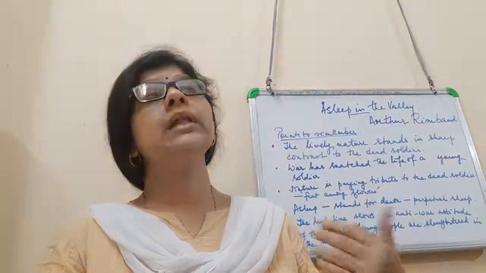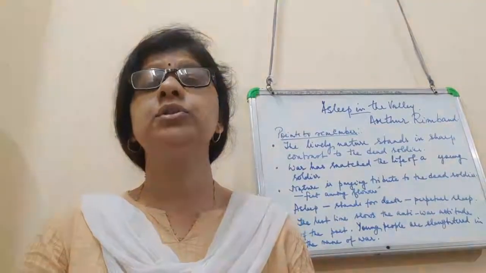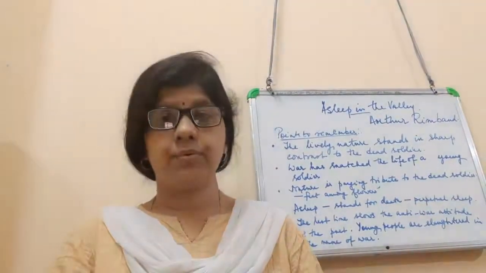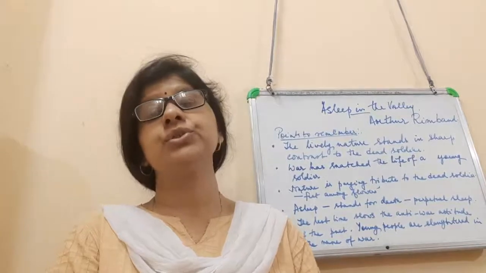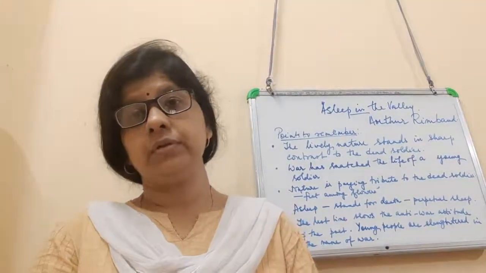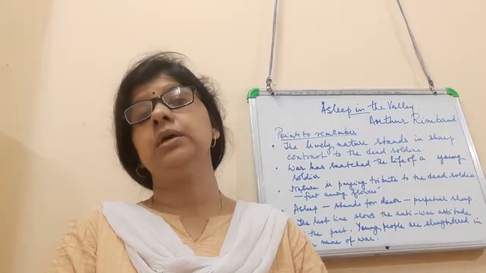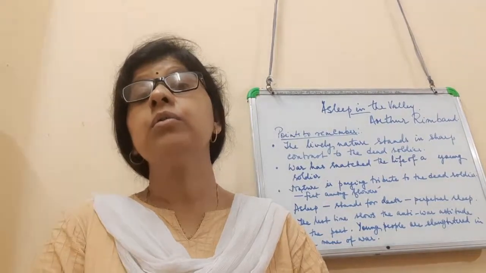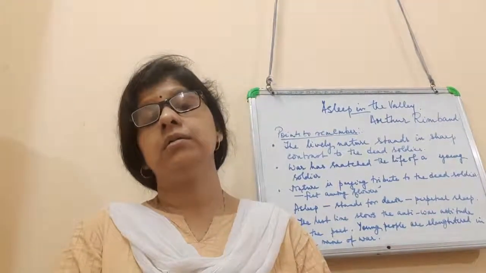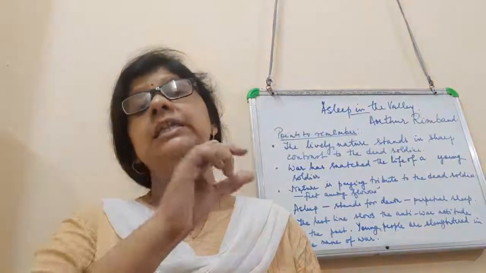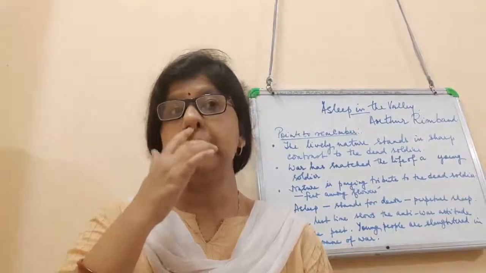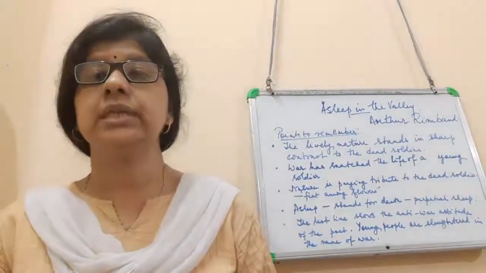And one thing you must remember, the description of the soldier is very important. For long answer questions, you get it very often. Say a line has been quoted, or the last line has been quoted, and then part questions are there.